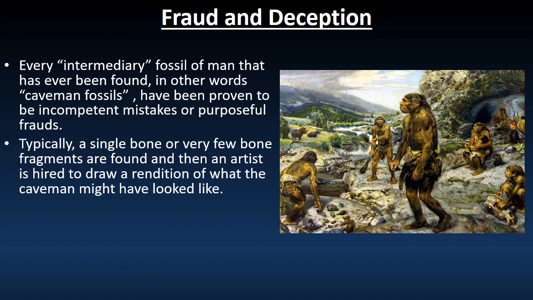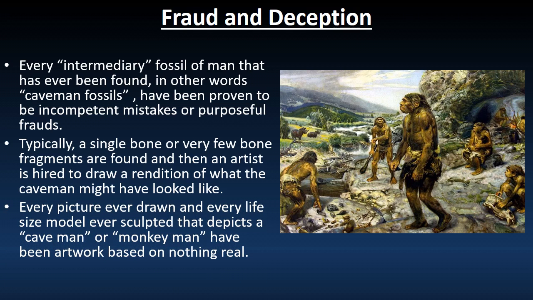Typically, a single bone or very few bone fragments are found, and then an artist is hired to draw a rendition of what the caveman might have looked like. Every picture ever drawn and every life-size model ever sculpted depicting a caveman or a monkey man has been artwork based on nothing. It's incredible what has taken place here over the last 100+ years.